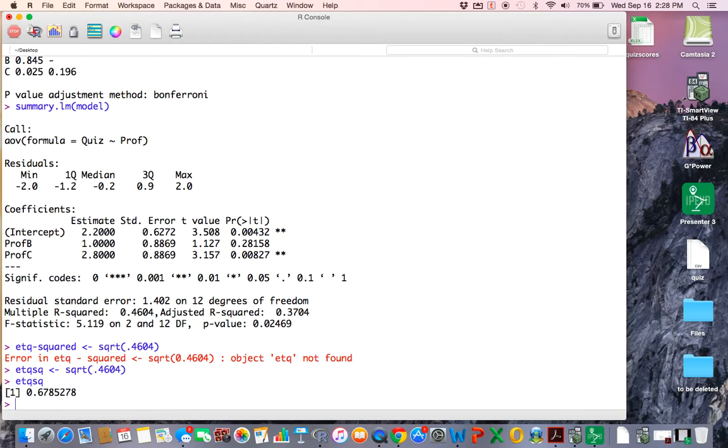Now, the benchmarks on these eta squared values run from 0.02 to 0.13 to 0.26.